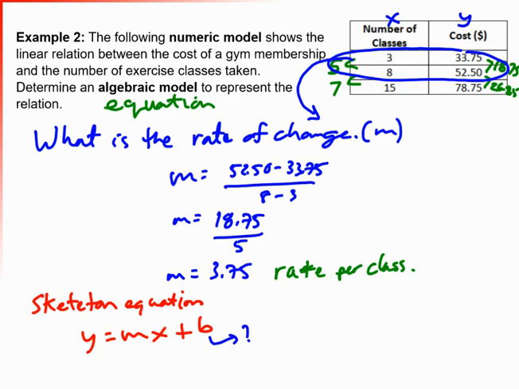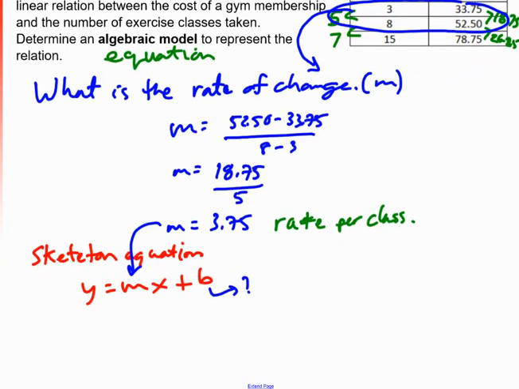Now, the thing we also know is we do know now our slope. So we can build on this and say y equals 3.75 times x plus b. And we don't know what b is. So we need to get rid of these variables.